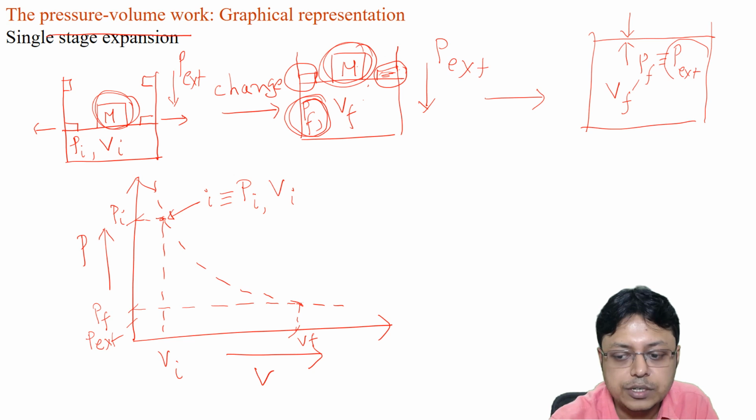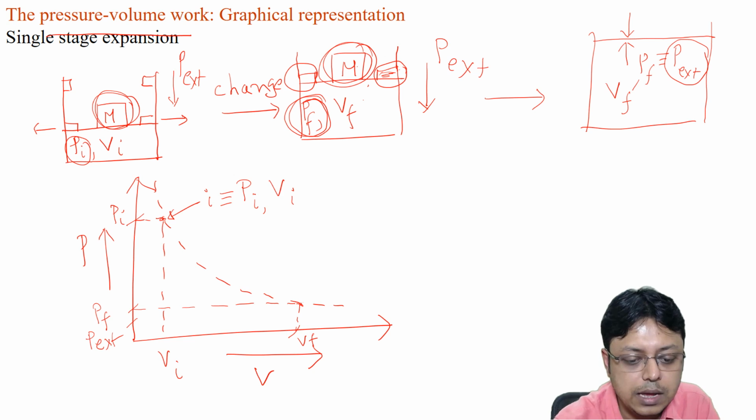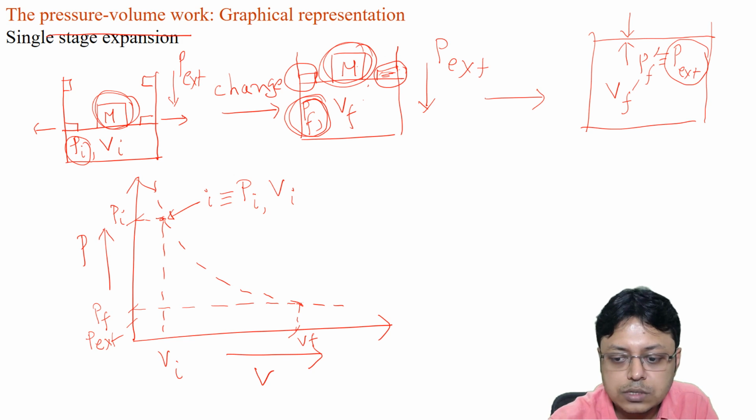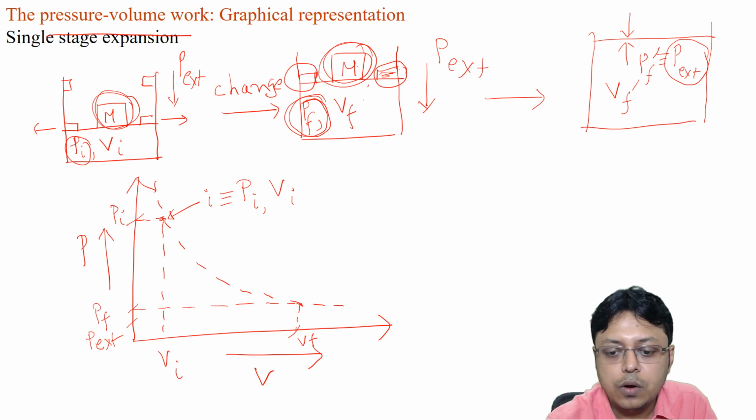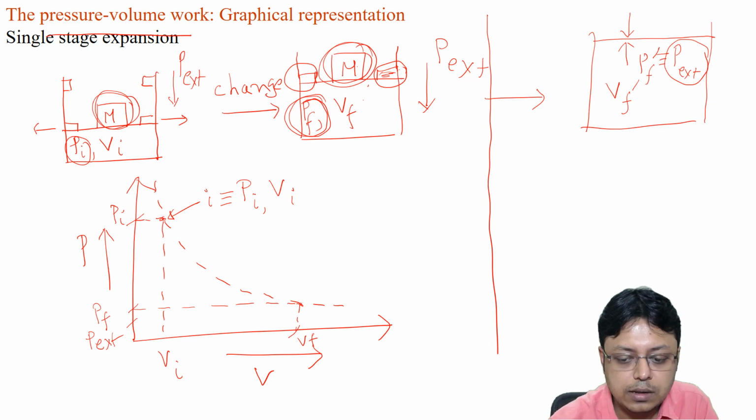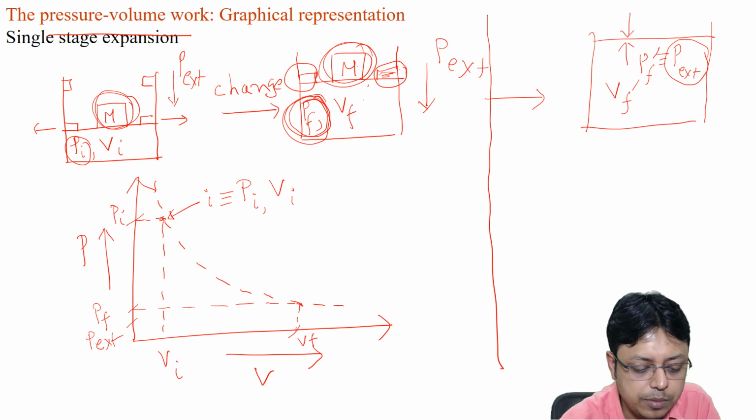Remember, this external pressure was constant throughout, but the pressure of the gas is changing from Pi to Pf to say Pf prime. So we can think about two different situations, but let us first confine to this situation where the pins were intact and the pressure of the gas was slightly higher than the external pressure. So the external pressure is somewhere here.